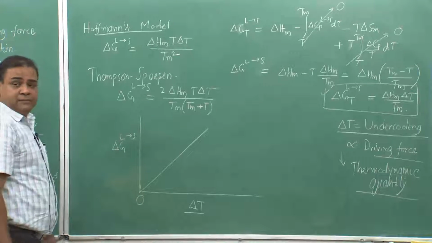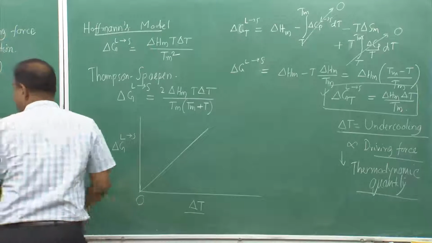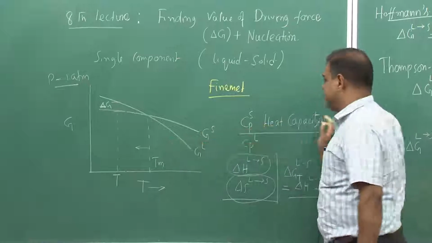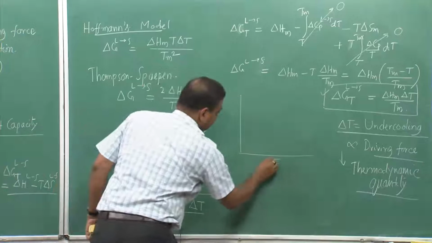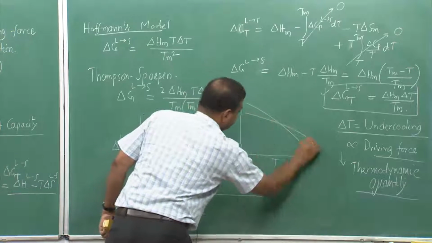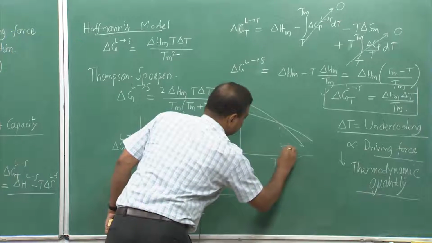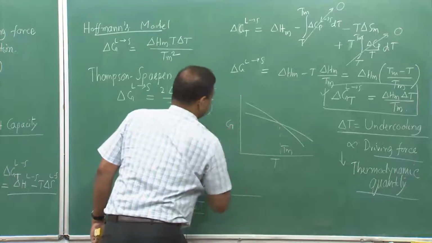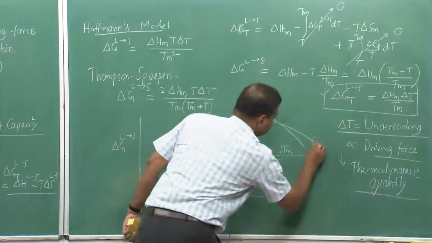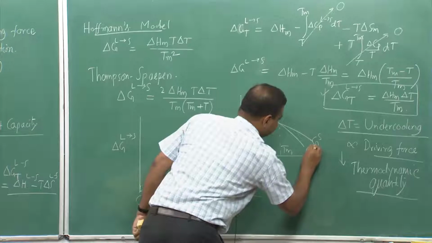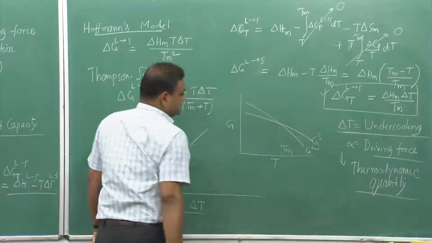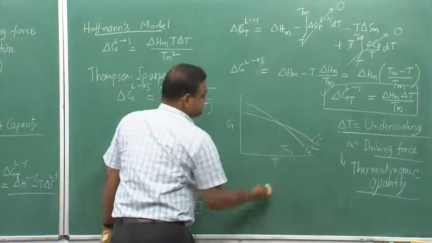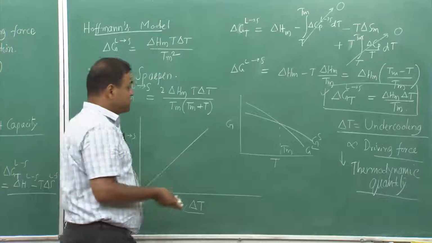What does it mean? It means if I try to replicate this same diagram here, this is G S, this is G L, then at this point T minus Tm is 0, that means del T is 0.